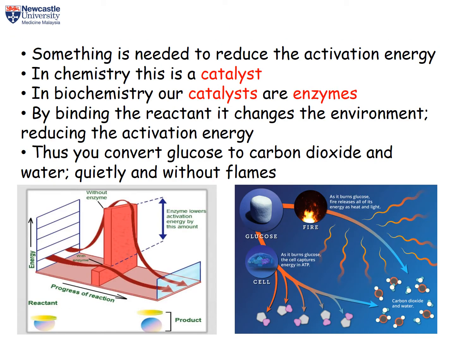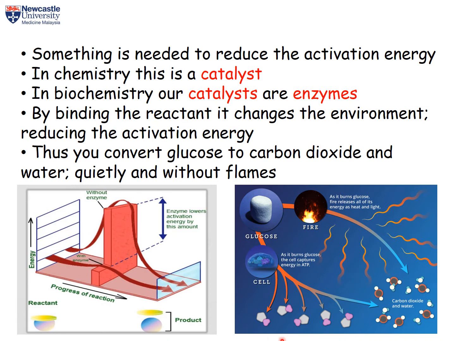Now you have learned that in a biochemical reaction, something is needed to reduce the activation energy. In chemistry, we call it a catalyst, but in biochemistry, our catalysts are enzymes, which are mainly composed of proteins, while some are composed of DNA or RNA. By binding the reactant, the enzyme changes the environment and hence reduces the activation energy.